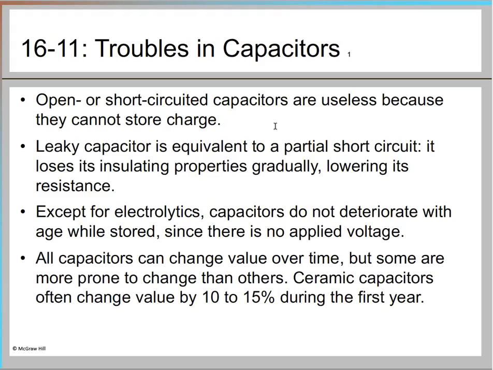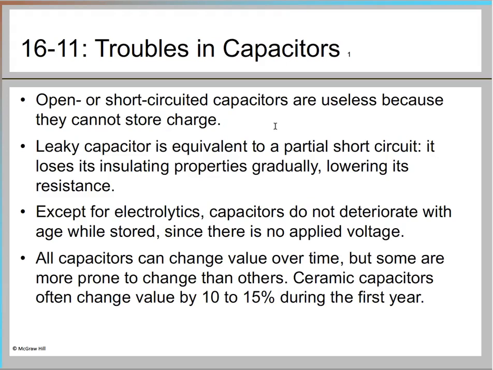Next is leaky capacitor is equivalent to a partial short circuit. A leaky capacitor means some charge, some current, leaks out of that capacitor. And if that happens, what does that mean? It means that the resistance in that capacitor is lower.